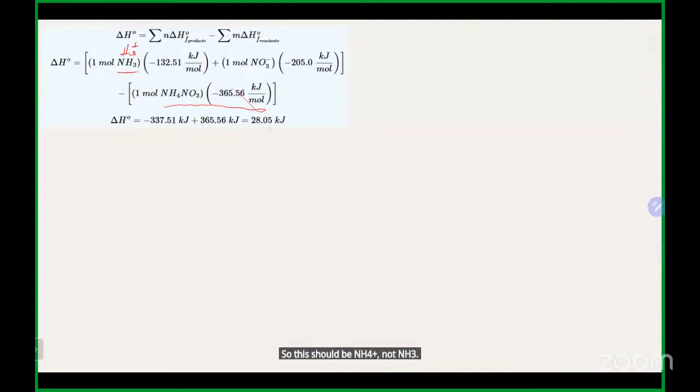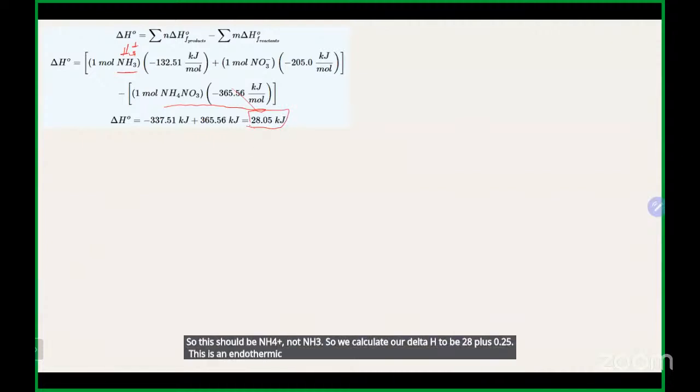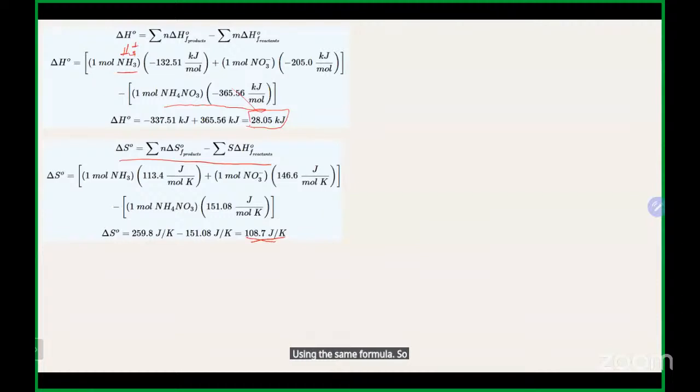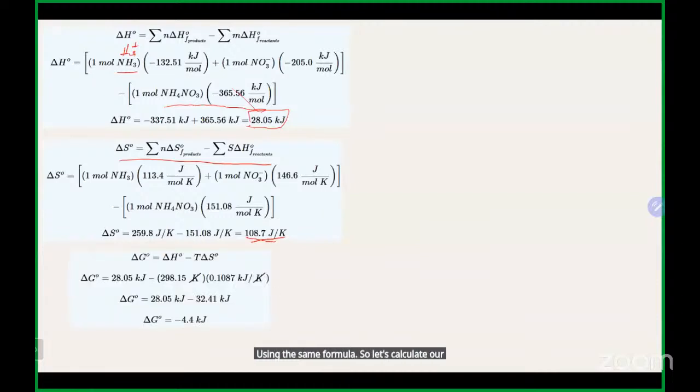So we calculate our delta H to be 28.05. This is an endothermic reaction. We can calculate our delta S too. It is positive, meaning that the forward reaction favors randomness. So using the same formula, let's calculate our delta G then.